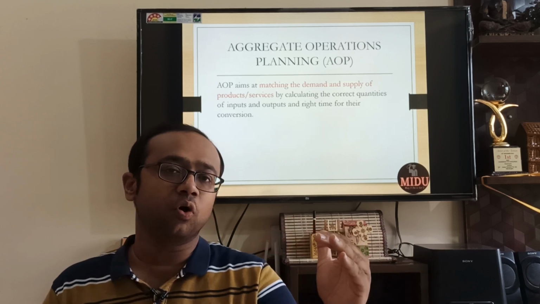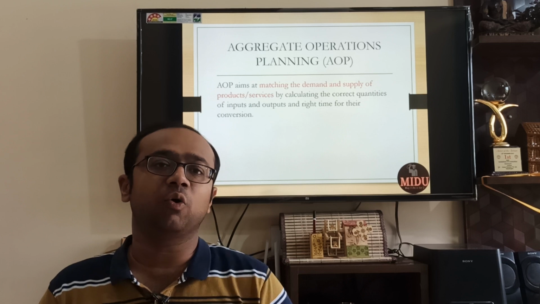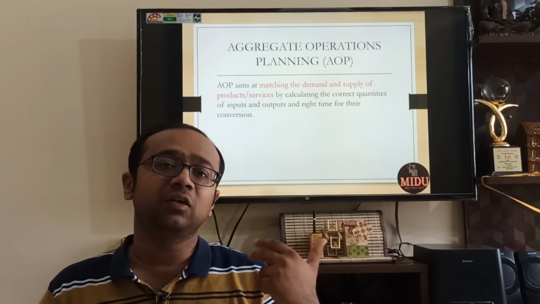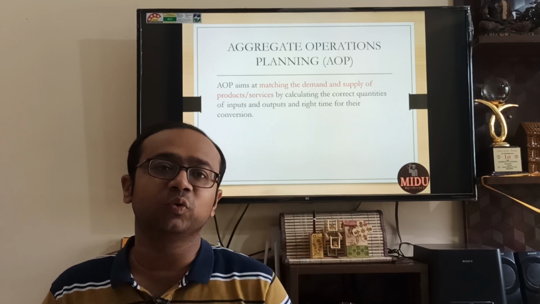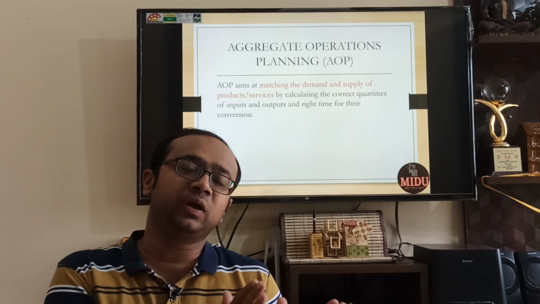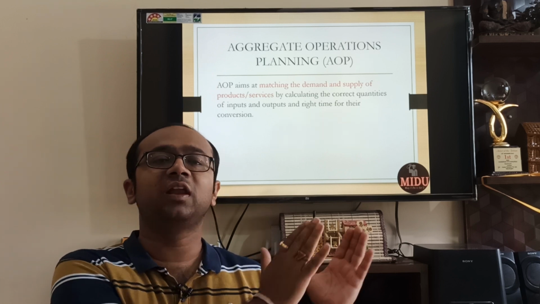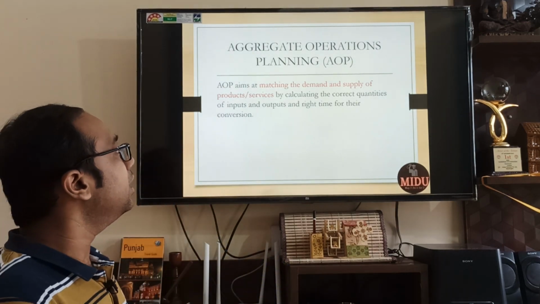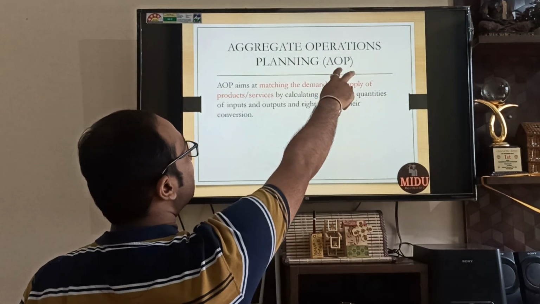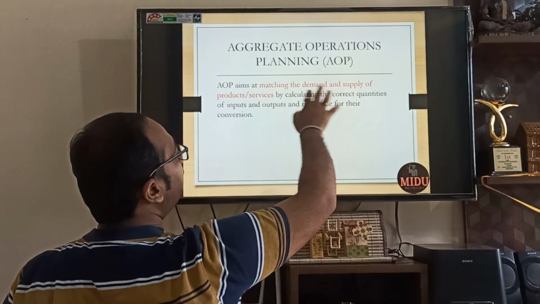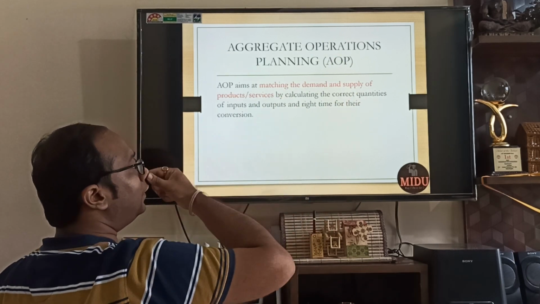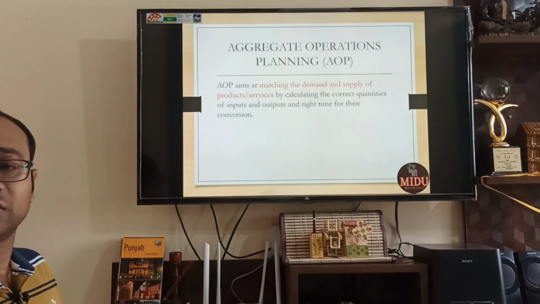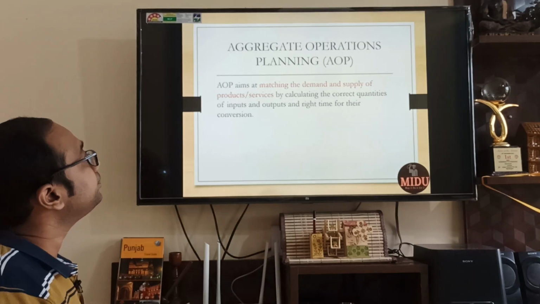If demand is more and supply is less, you are losing out on sales. If supply is more and demand is less, you are producing, which will lead to inventory, which will lead to additional cost. So ideal scenario, demand equal to supply. So AOP aims to match it. It will calculate the correct input and output and also the right time for conversion. Correct? This is the aim of AOP.